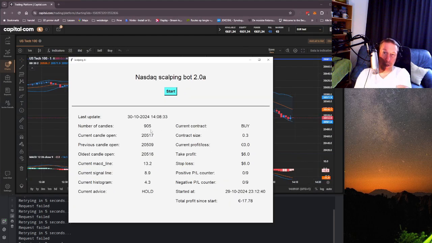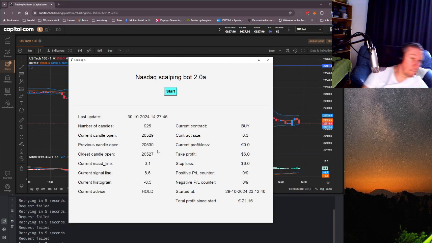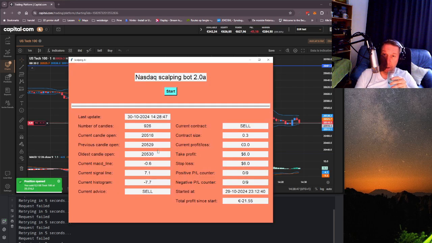We are already at 900 candles. So let's see what's going on, what's happening. 2 minutes to market opening. Wow, 2 minutes until the trade market starts.